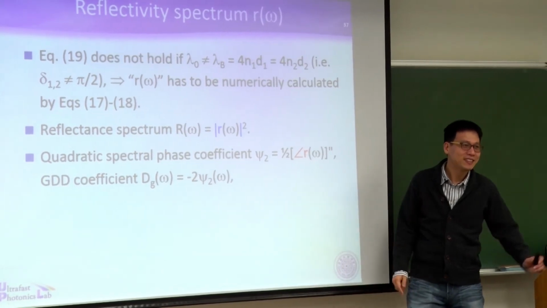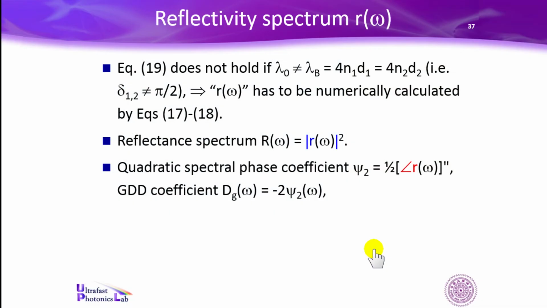Okay. So you can regard a DBR as an interference-induced dispersion device. 所以 grating pair 是基于 angular dispersion 来产生 spectral phase modulation. A multilayer structure or DBR 是 based on interference 干涉，完全不一样，但是也可以产生 dispersion.